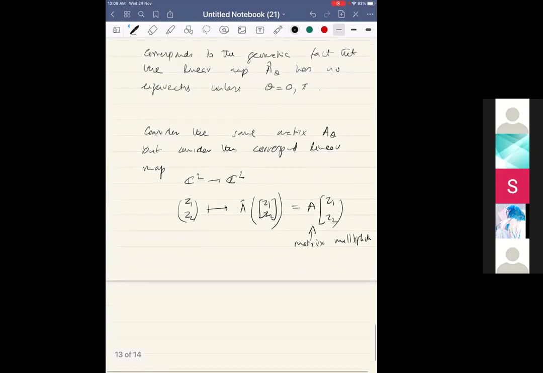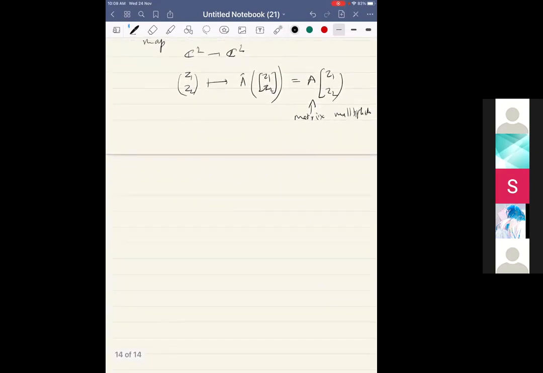So now, what are the eigenvalues of this map? They are the roots of the same polynomial, but now I am allowed to look at complex roots, which are e to the plus or minus i theta.